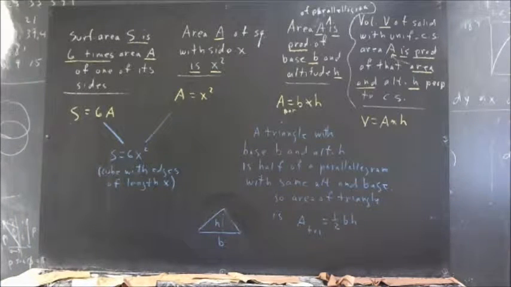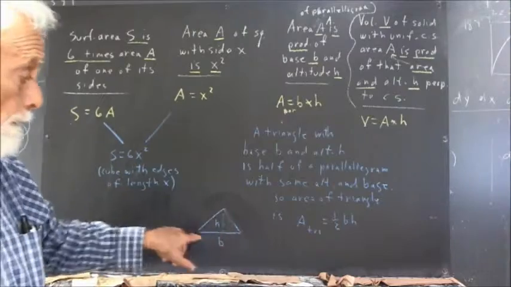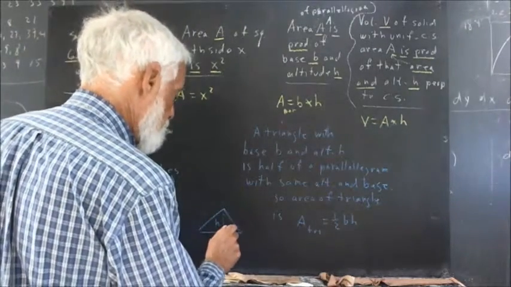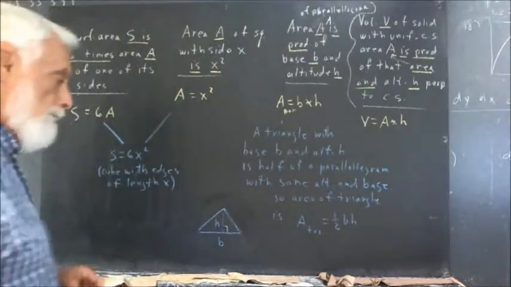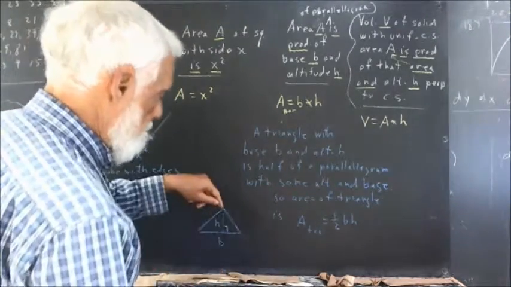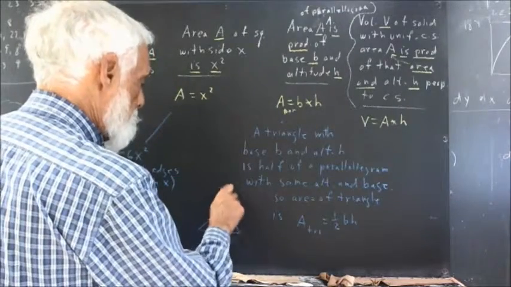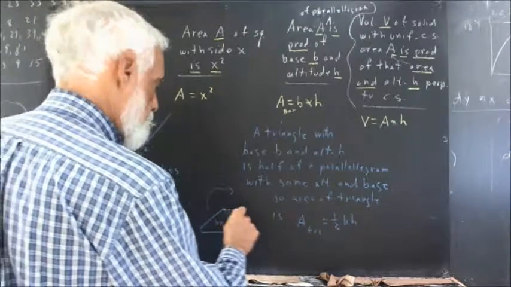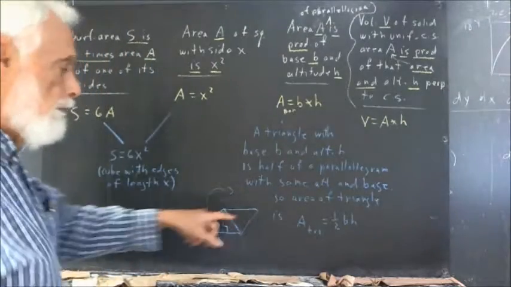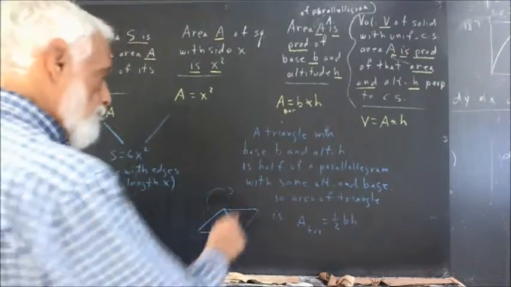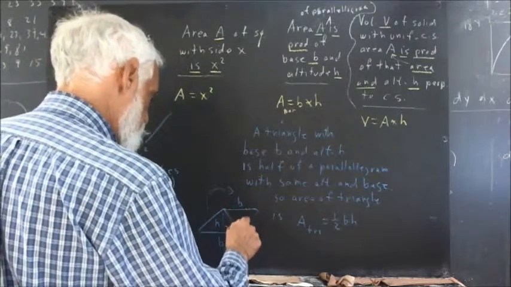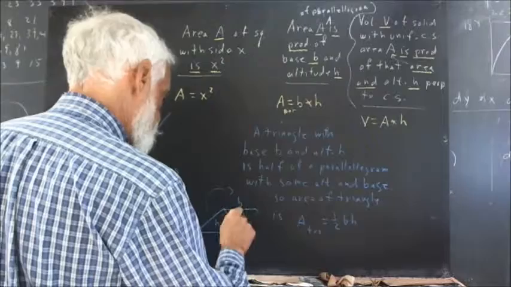But if we have a triangle with a base and an altitude, and remember altitude is always measured perpendicular to the base, well, we can take a copy of this triangle and flip it around this vertex, and we get a congruent triangle here. And up here now the base is going to have flipped up to here, and the altitude will be here.